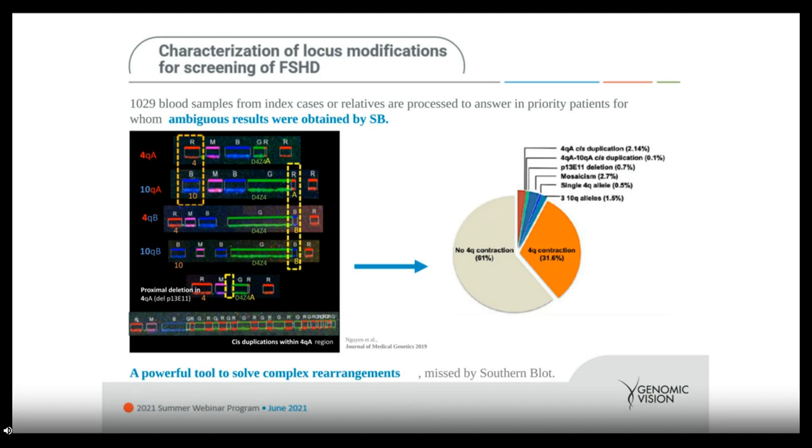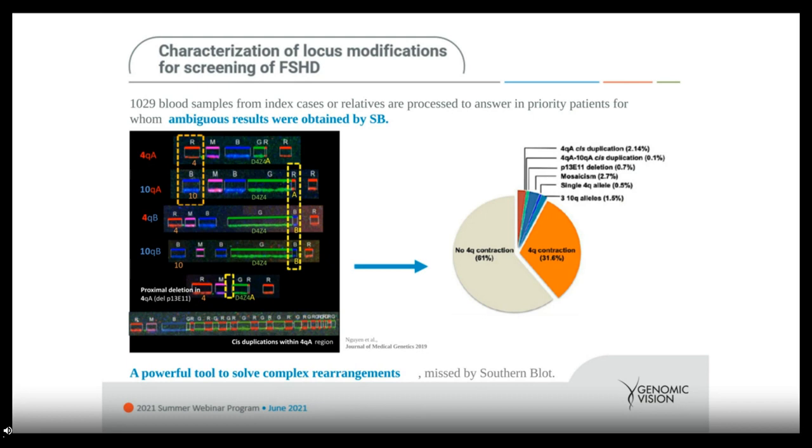By using this methodology, our scientists were able to classify 61% of those 1,000 patients as non-4Q contracted patients, while 32% had the contraction. This is already a good refinement of the previous diagnosis done by Southern blots, just using our GMC.